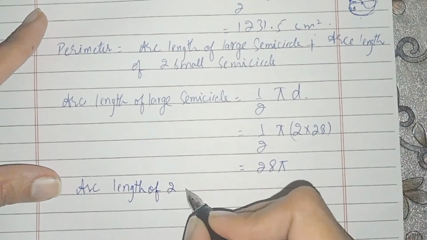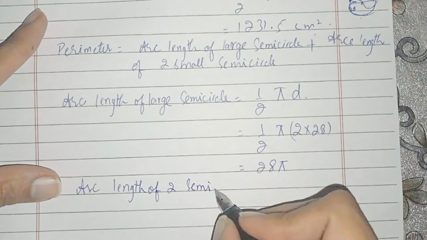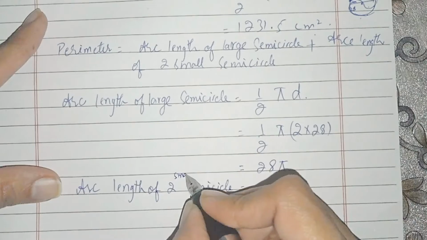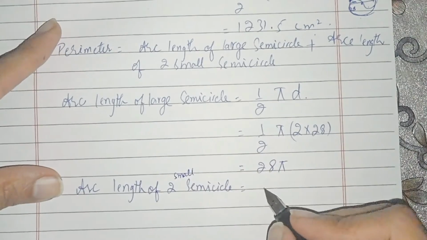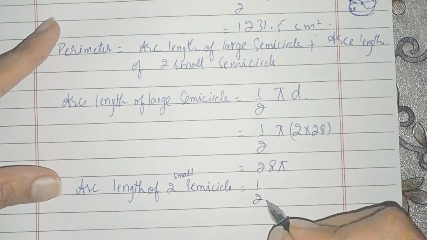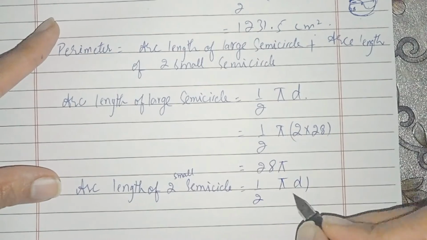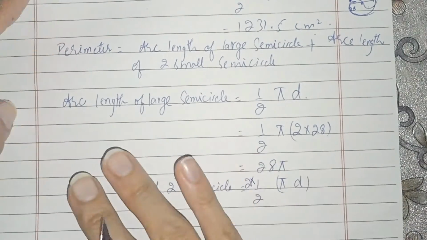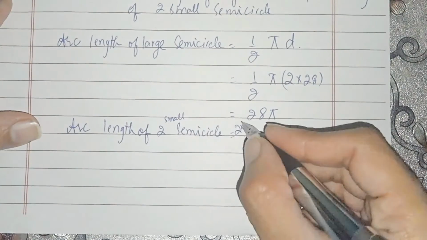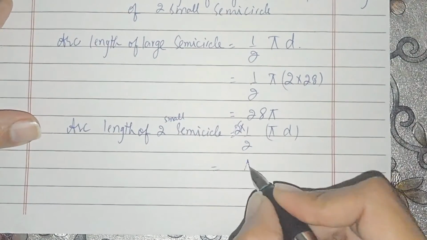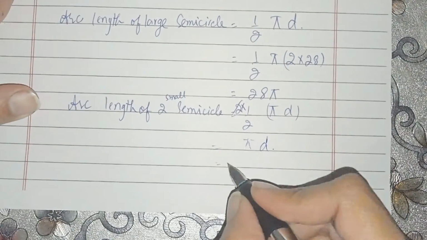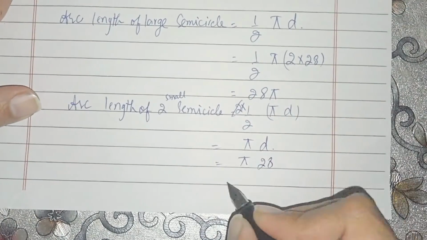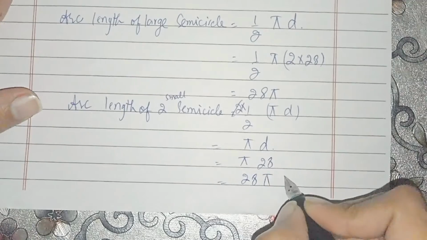And now the arc length of two small semicircles, which is equal to 1 by 2 pi d, and these are small, that's why I multiply it by 2. The 2 cancels that 2 and we get pi d, and the value of d is 28. This is 28 pi.